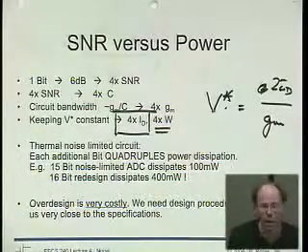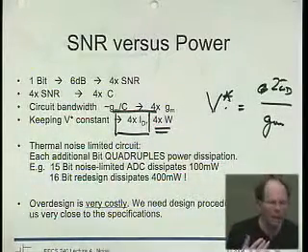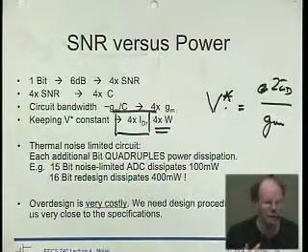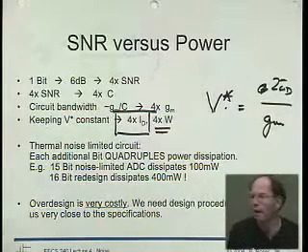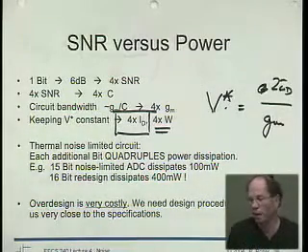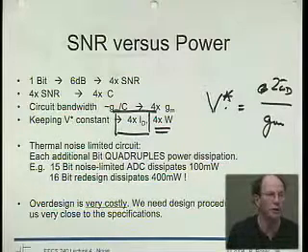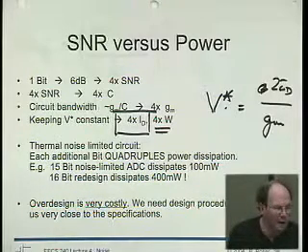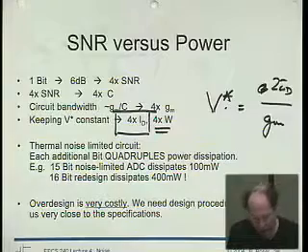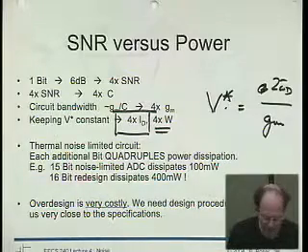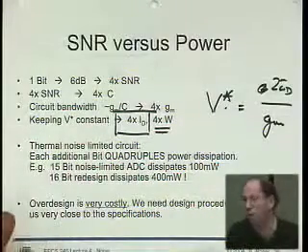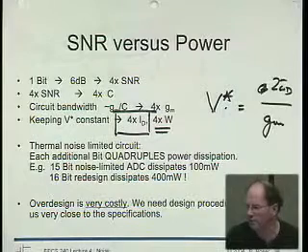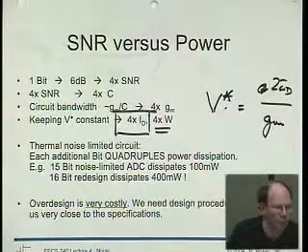But then there is other stuff like the biasing network, clocking networks, the reference network, and there the power dissipation may not go up at all or only very incrementally. So in practice, usually adding an extra bit doesn't increase power dissipation by 4x. It's somewhere between 1x and 4x.